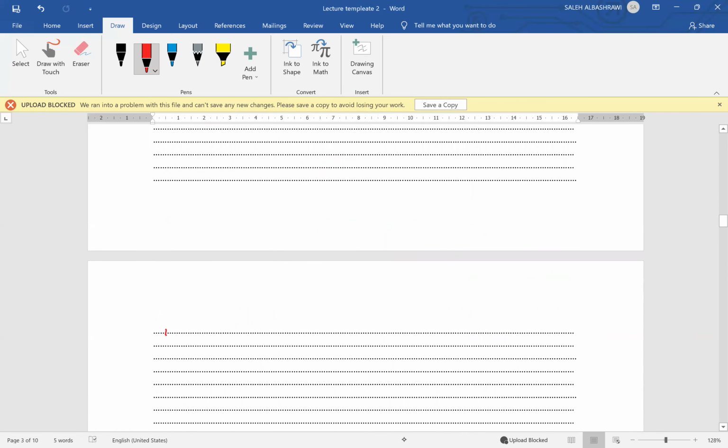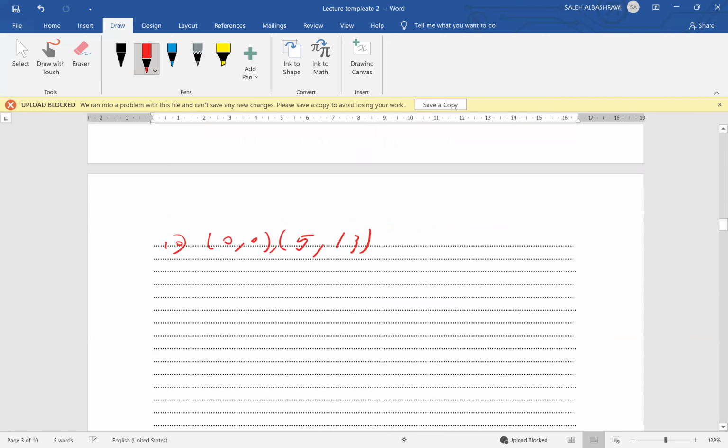Question number 10. The points are 0, 0, and 5 and 13. And we need to find the distance between these 2 points. It will be square root of 5 minus 0 square plus 13 minus 0 square.